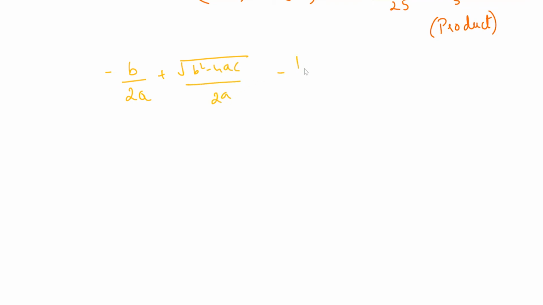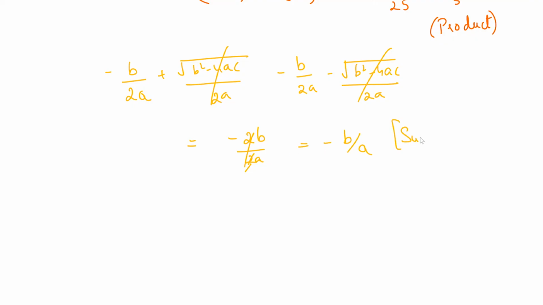This we are summing with minus b by 2a minus root of b square minus 4ac by 2a. So clearly these two cancel off and you are left with minus 2b by 2a. The 2 and 2 cancel off and you have minus b by a is the sum of roots.